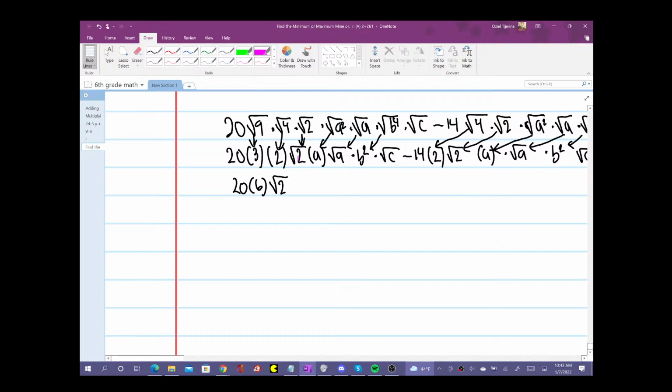So far we have square root of 2, square root of a, square root of c, so we can say the square root of 2ac, times a times b squared, minus 14 times 2 times the square root of 2, that's going to be 28. Yes, 28 square root of 2, and again, I'm going to do the same thing I did for the other one.